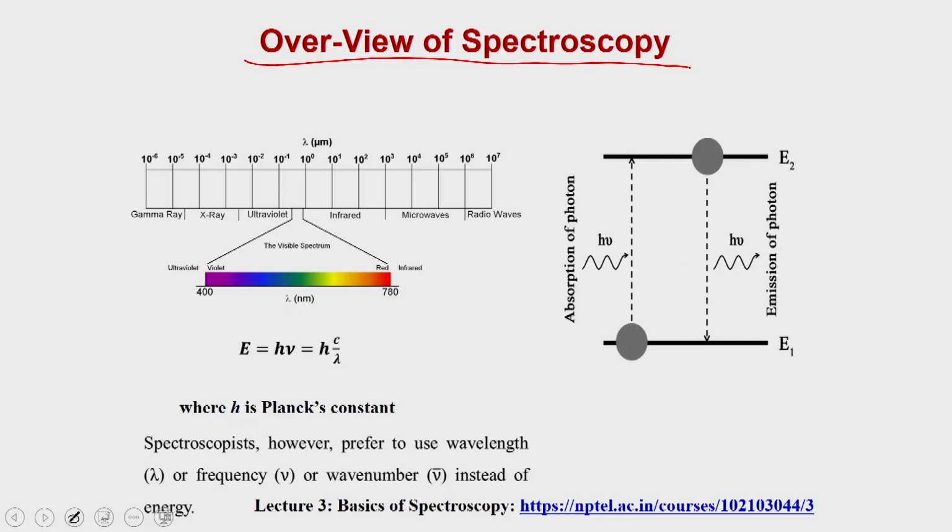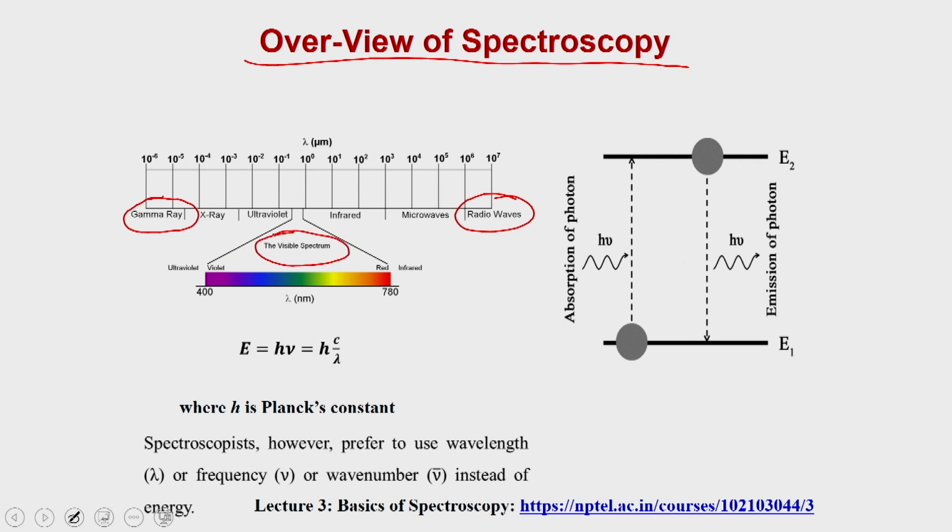Electromagnetic radiation is a set of lights or waves of different wavelengths. It starts from radio waves on one end and ends with gamma rays on the other end. In between you have a range which is called the visible spectrum.